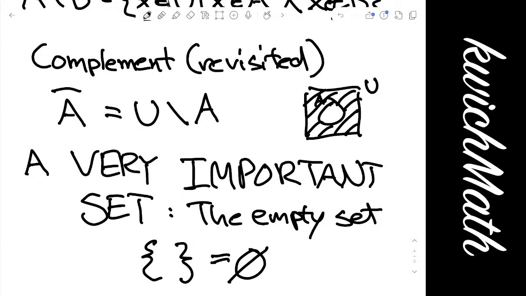It turns out that what we've been doing so far is what is known as naive set theory. We're just finding our way, trying to be rational about it. But if you want to be extremely rigorous, you have to construct set theory through axioms and so on. This is a pretty advanced topic.